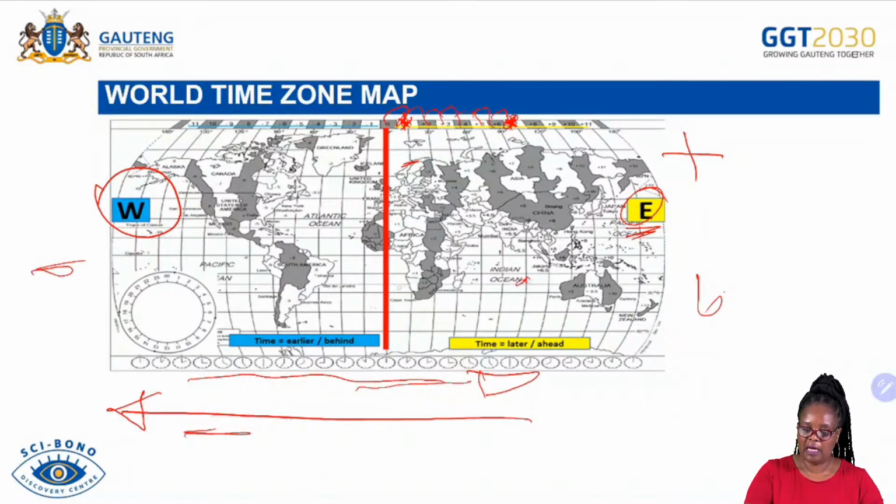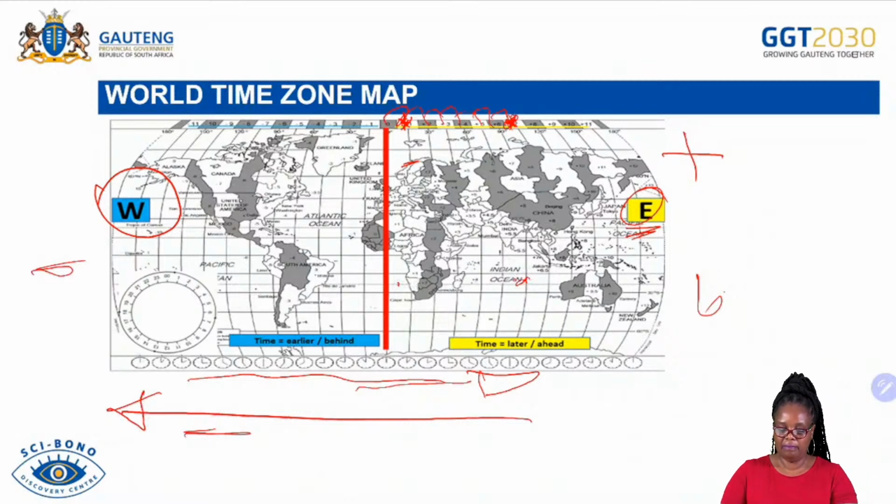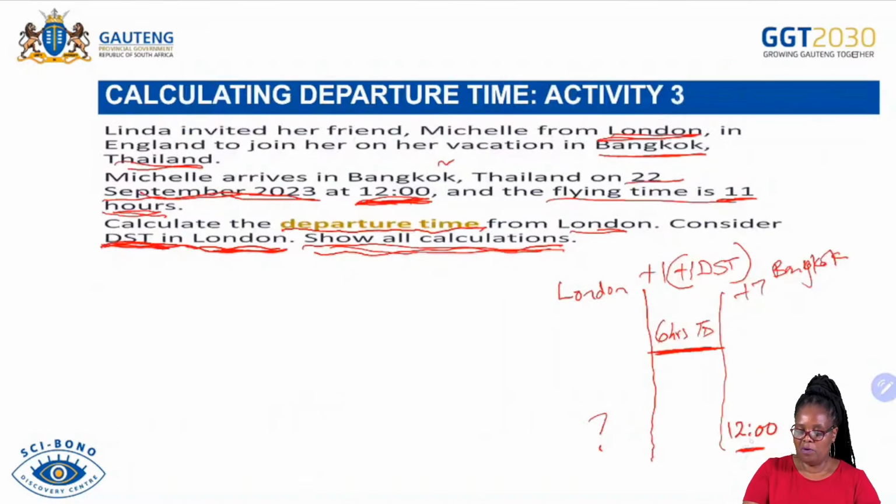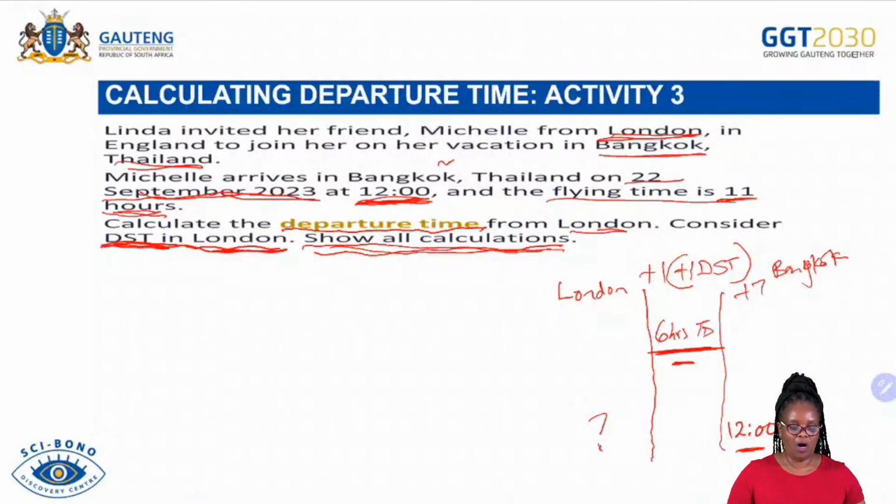We don't know the time for London. So we'll be moving from Bangkok to London. Don't let that confuse you. So from the known to the unknown, our question mark is here, which means you move to the west. So our sign must be minus, minusing the time difference from the given time.